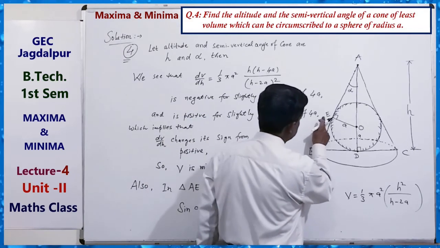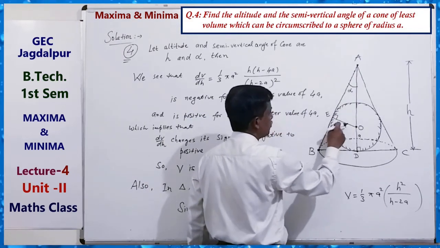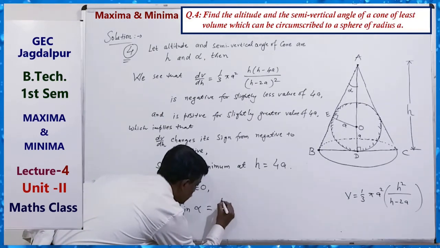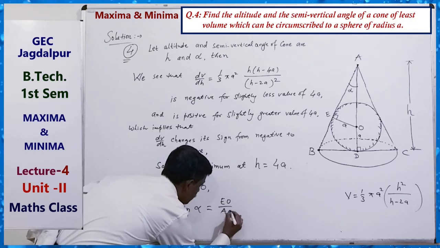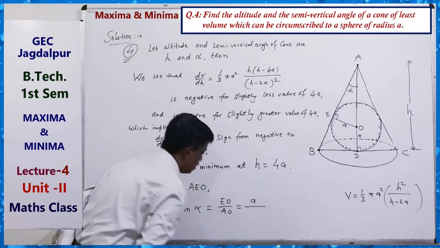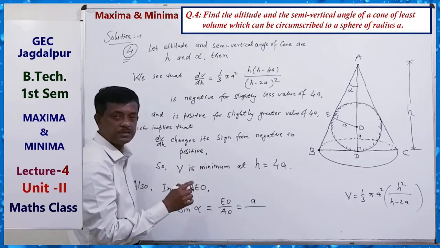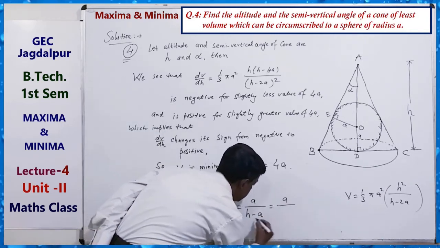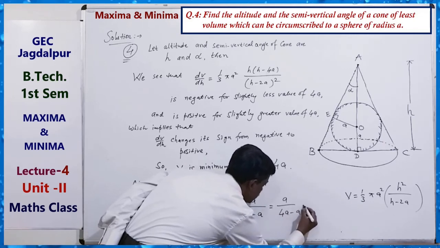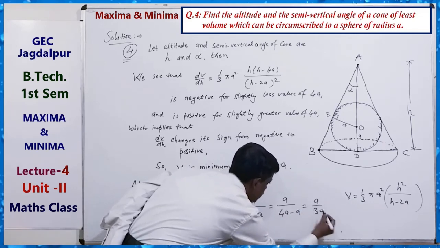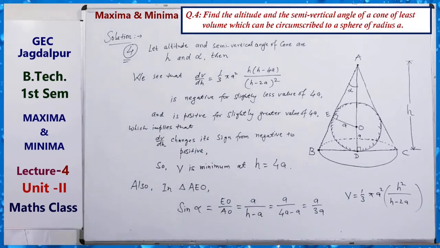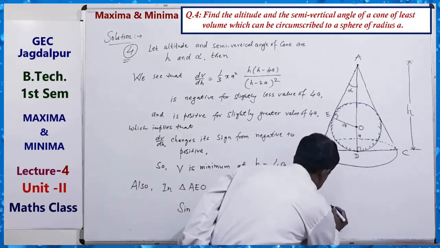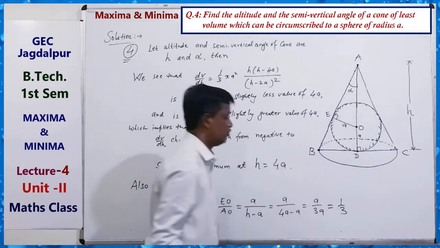Perpendicular is EO, which is a, and hypotenuse AO is h minus a, that is 4a minus a, which is 3a. So a upon 3a equals 1 by 3.